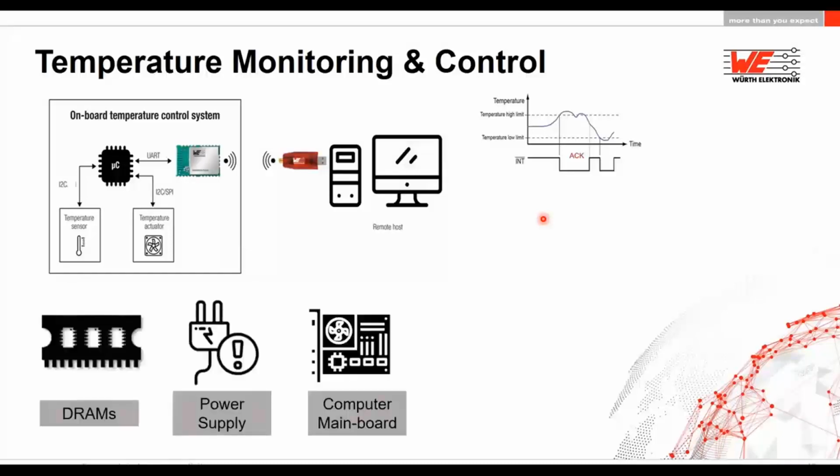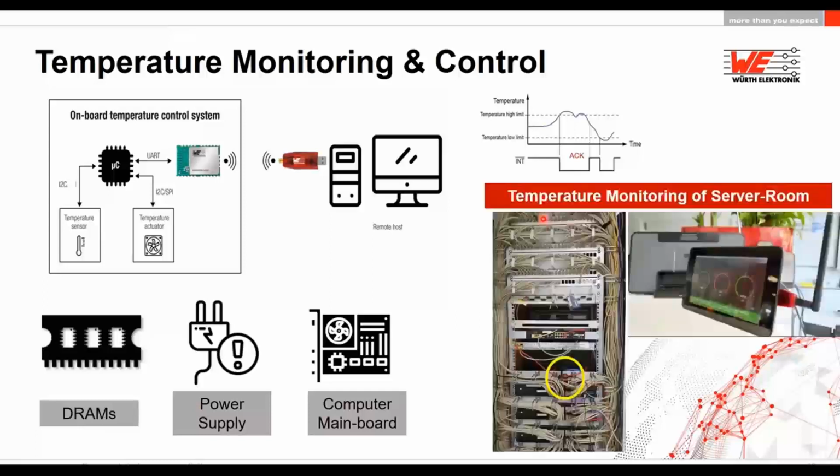This kind of temperature monitoring is found today in DRAMs, in power supplies, and also in the computer main board, where the temperature of the PCB or the whole housing needs to be maintained at a certain point. Another example is the temperature monitoring of the server room.